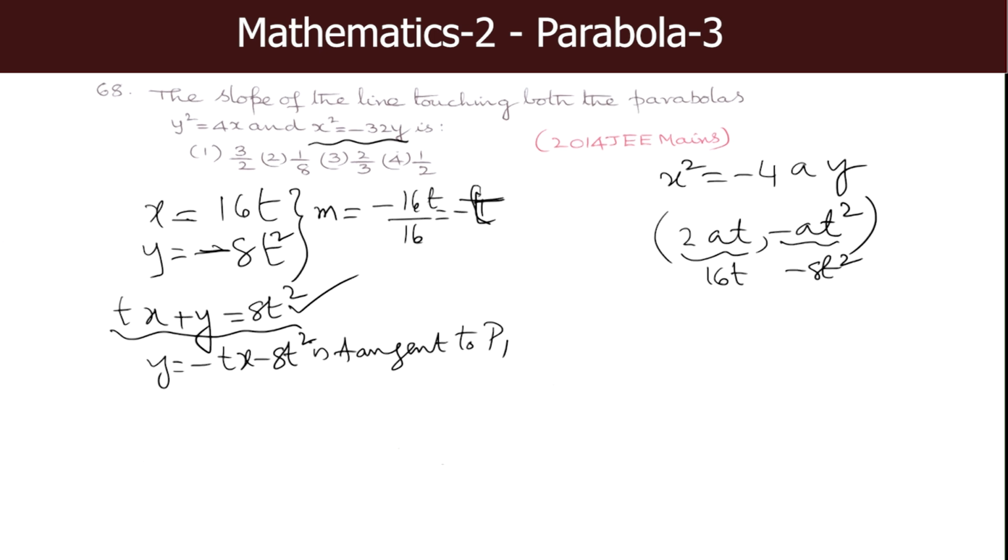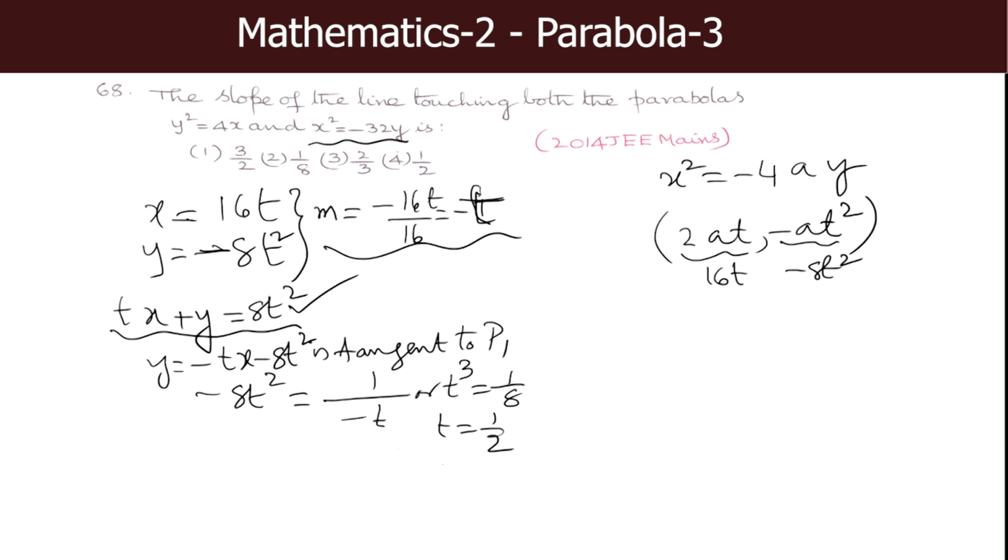You know the condition for the line to be tangent to the first parabola, c equal to a by m. Minus 8t square, a is here 1, m is minus t, or t cubed is minus 1 by 8 plus 1 by 8, or t equal to 1 by 2. So, what is the slope? What is the slope of that, that is minus t? Okay, m is minus t, which is equal to minus half.